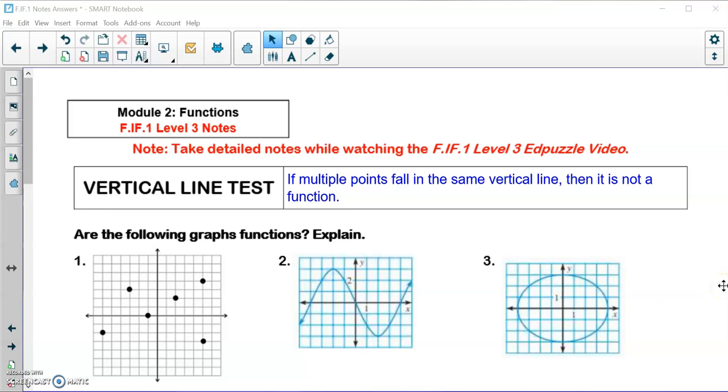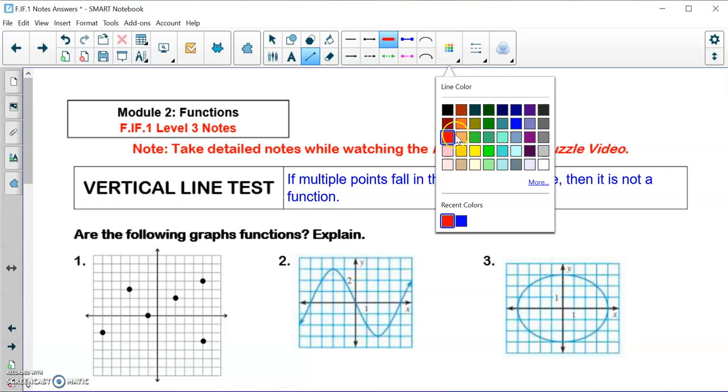Alright guys, so now we're going to determine whether graphs are functions, and we have an easy test that allows us to determine if a graph is a function, and that is called the vertical line test. So what you do is you take a vertical line, so you can take a pencil, a pen, just anything that could represent a vertical line.